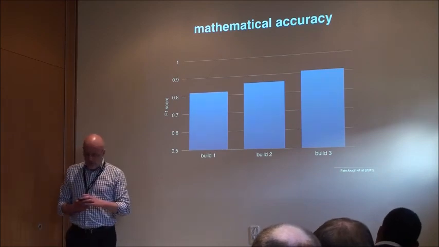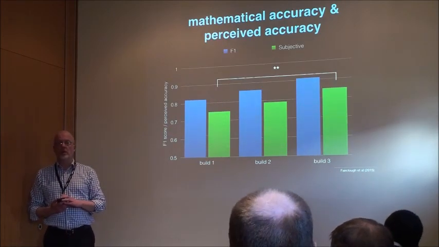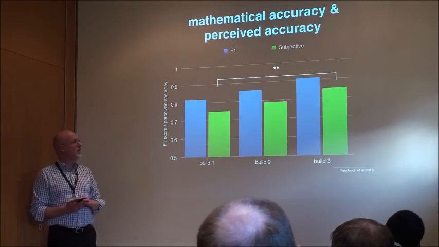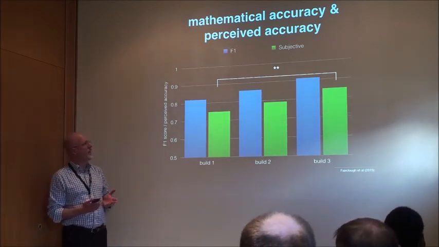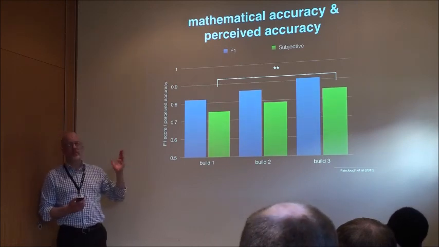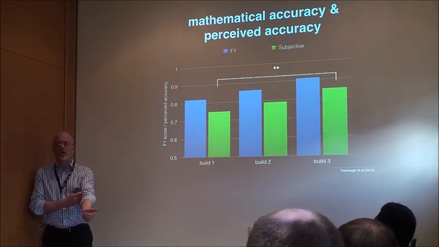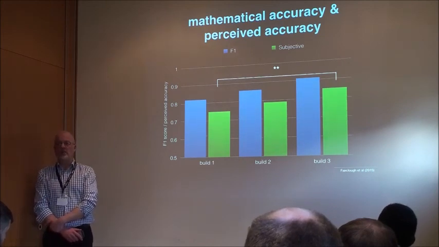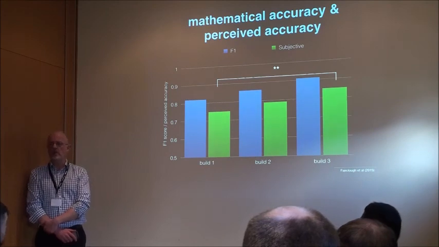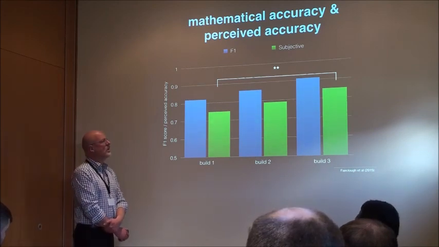Then we compared that with how people made an assessment. What you see here in the green bars is a subjective assessment of how accurate the system was. And we see that subjectively, people put accuracy around 10% lower than mathematical accuracy, but it shows the same trend.